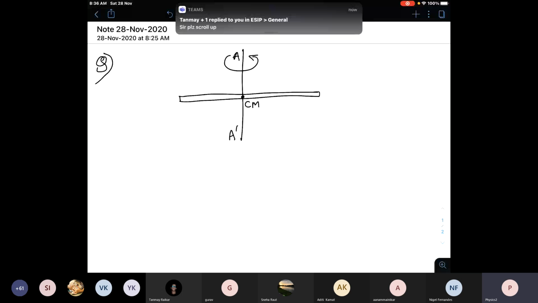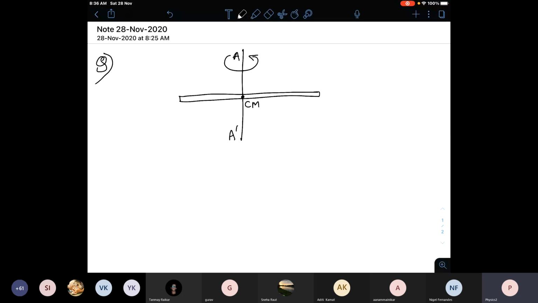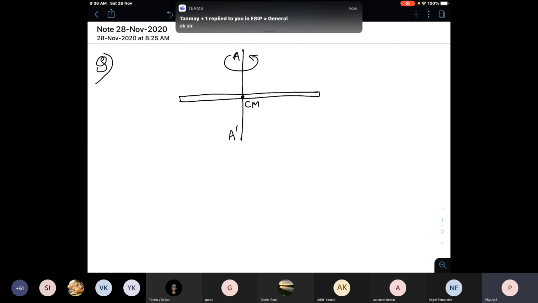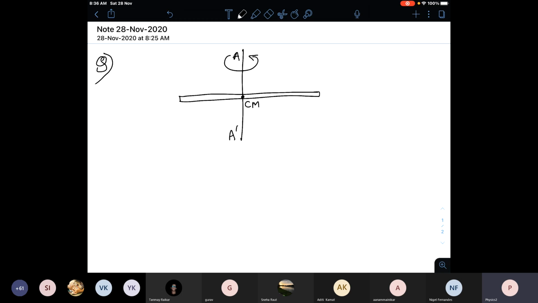There is a difference in the way the stick rotates. If you rotate the stick from the center of mass, it will have a different kind of rotation. If you rotate the stick at its end, there will be a different kind of motion.